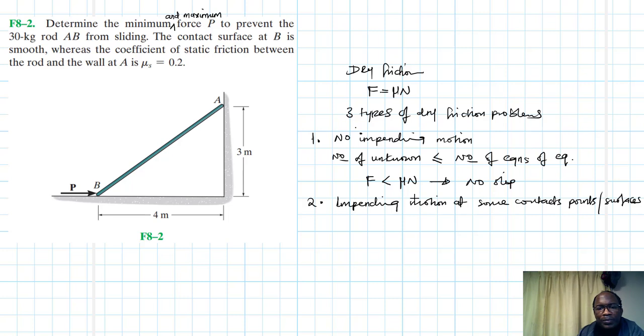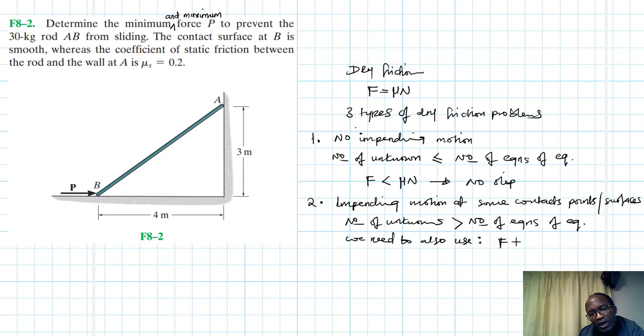In this particular case, the number of unknowns is greater than the available equations of equilibrium, so we also need to use the friction equation, which is F equal to mu times N. I'll talk about that later on.